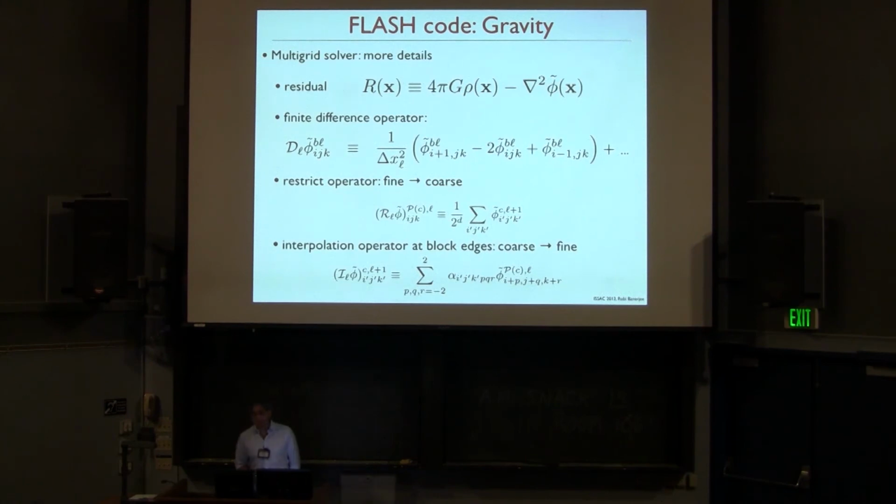You also need the other way around, the interpolation from coarse to fine grids, using a similar approach with predefined weights depending on the direction and the points where you are. Again, the primes are related to overlapping regions with the indices of the coarser grid.